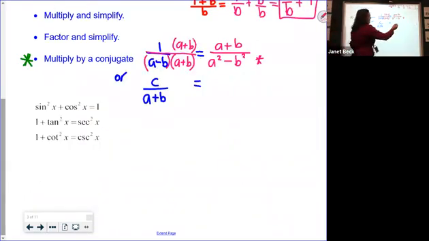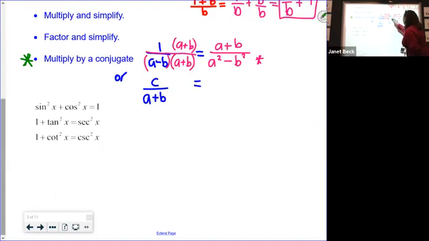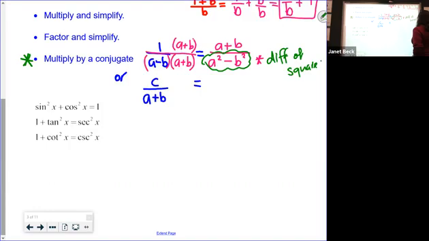Now here, by multiplying by the conjugate, what we've brought in, this bit down here, is a difference of squares. And if you have a difference of squares in a problem, it's going to be based on one of these. Now, none of these are difference of squares. These are all sum of squares. You've got the sum of the squares on the left side of the equal sign, and you've just got one thing on the other side.